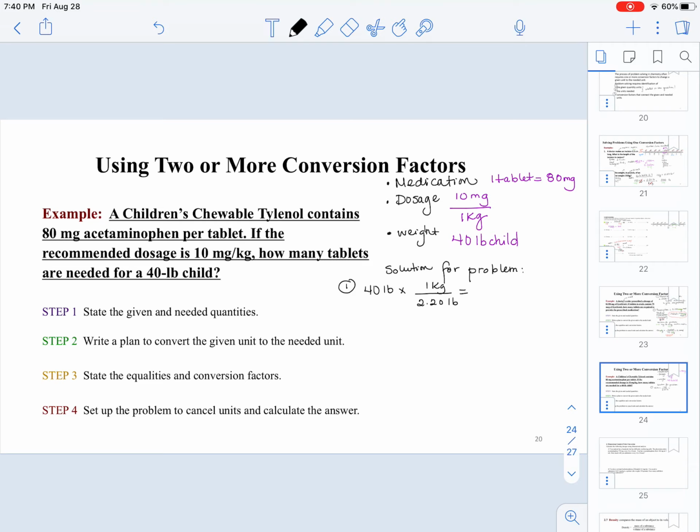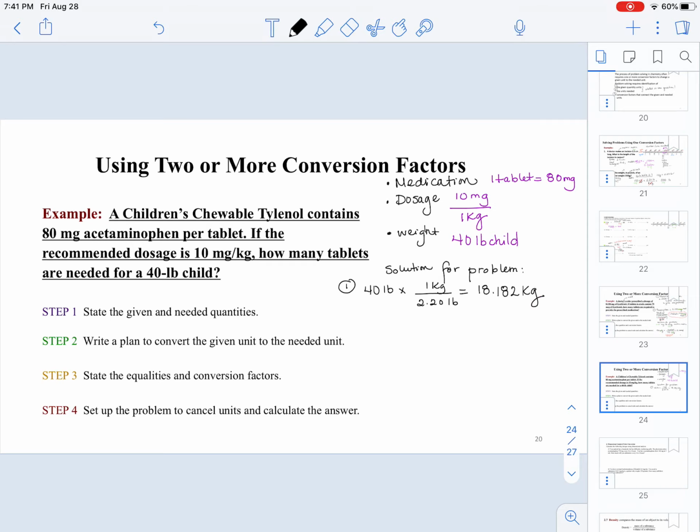So I take 40 and divide it by 2.20, okay? And I get a series of numbers. Let's keep at least 3 decimal places because that will get you close enough to the final answer. So in terms of kilograms, this is going to be 18.182 kilograms.